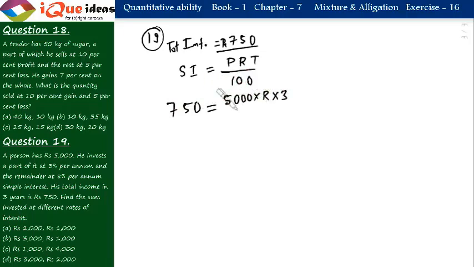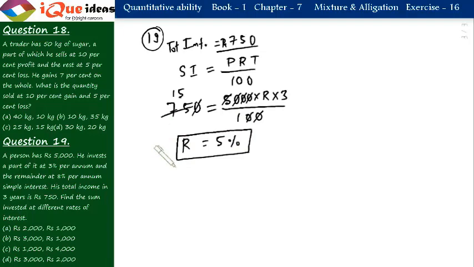So the zeros cancel. Now 5 cancels 75 15 times, and 3 cancels 15 5 times. So R is equal to 5%. That means the overall rate is 5%. Whereas the original rates in the two parts were 3% and 8%. So the average of 3 and 8 should be 5.